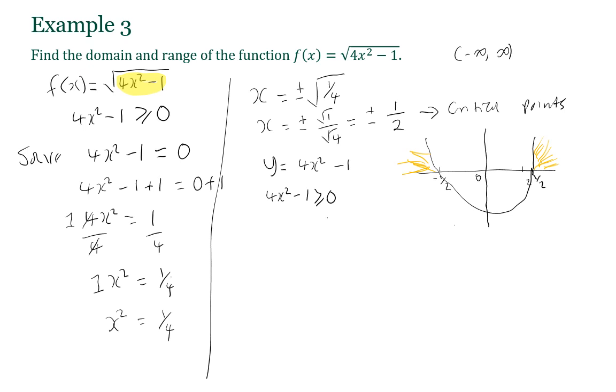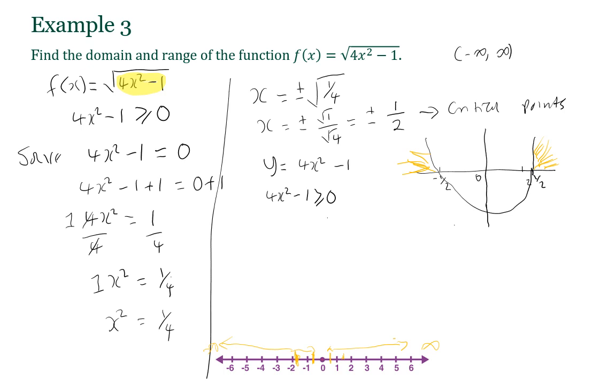From here we can see that we have anything that is less than minus 1 over 2, that is minus 1 over 2 down to minus infinity, and here we have 0.5 up to infinity.